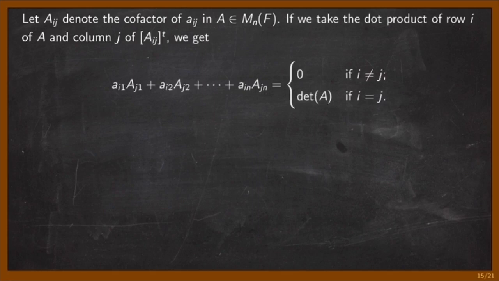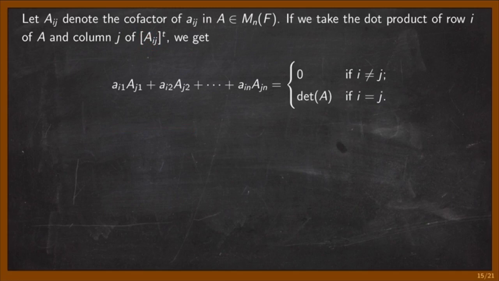If we take the dot product of row I of A and column J of Aij transpose, what is this? So let me first explain. Remember when we do the transpose, the first row should be the first column. The second row should be the second column of this, and so on.